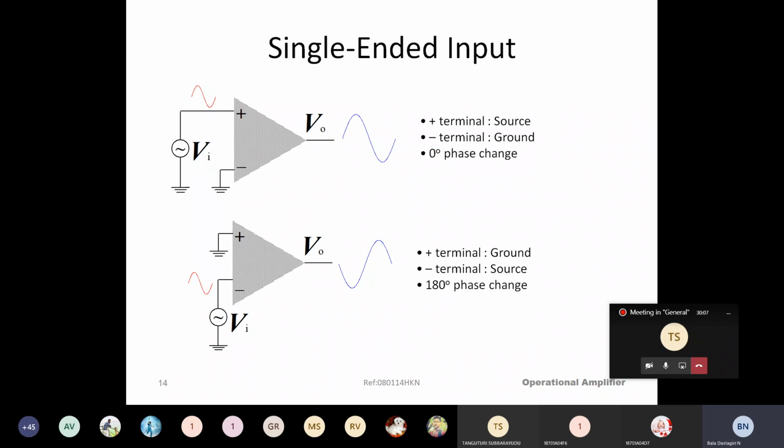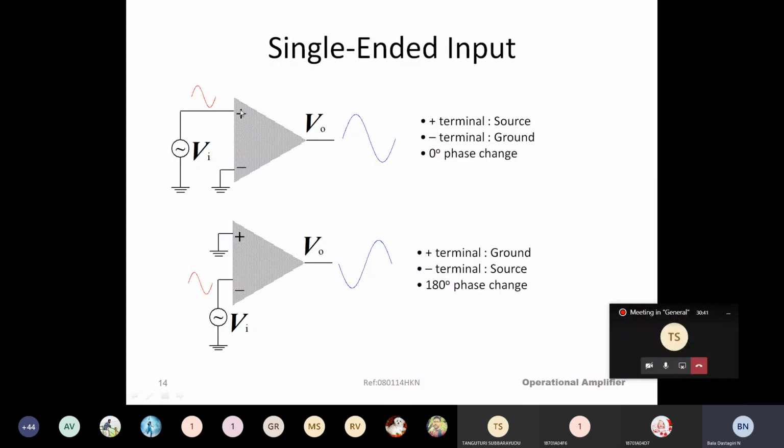In the top figure, we are giving the input to the positive terminal, and the negative terminal of the op amp is grounded. Plus means the non-inverting terminal, so do remember that. In the operational amplifier, the input terminals are designated on this side, the power supplies here and here, and that is the output.